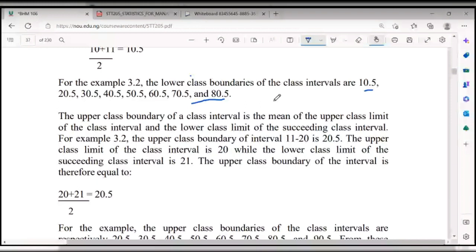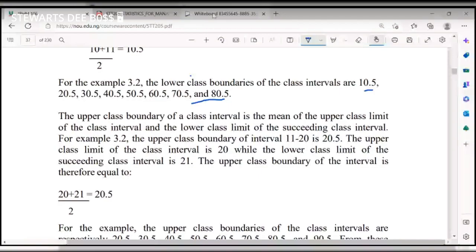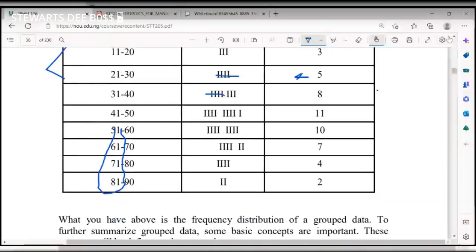Okay. Now if I tell you to get me the lower class boundary, let me give you something new.